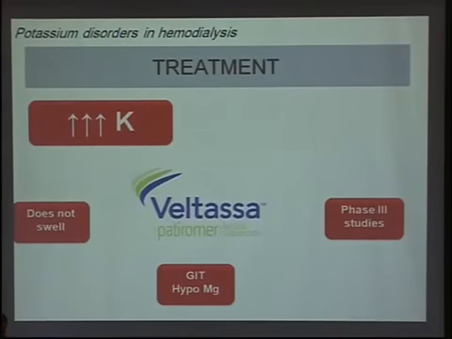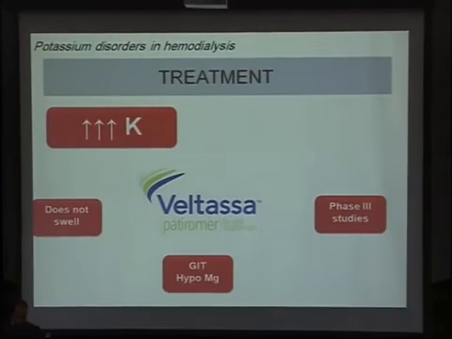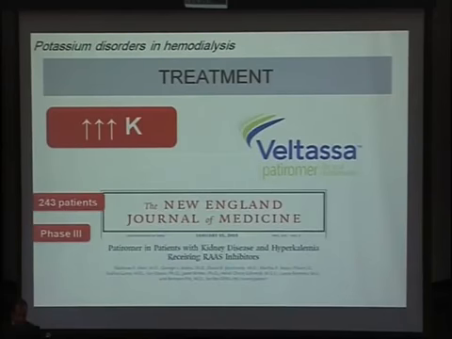Another cation exchange resin is patiromer. Again, it doesn't swell in the gut. Still in phase 3, the common side effect of zirconium is edema, while the most common side effects of the new Veltassa are GIT disturbances and hypomagnesemia.